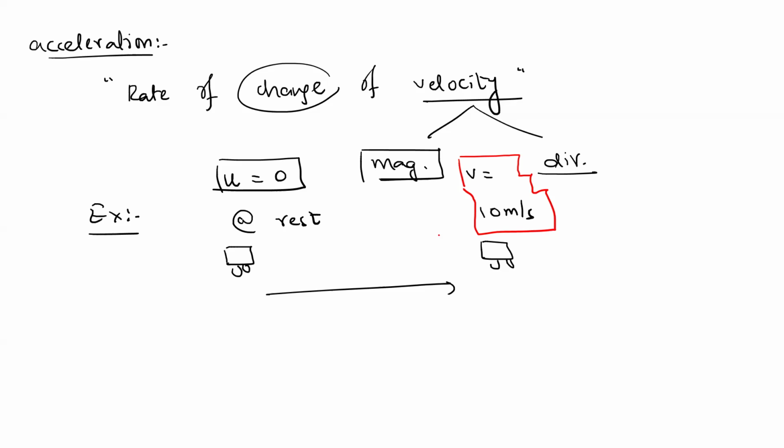It was never moving at all. So initially, it had some different velocity or different speed. But when it started to move, after a certain time it ends up at 10 meters per second. So right now, the car is moving with a velocity or speed of 10 meters per second, right? Initially, it was different.